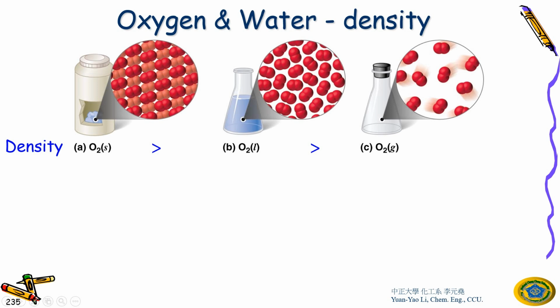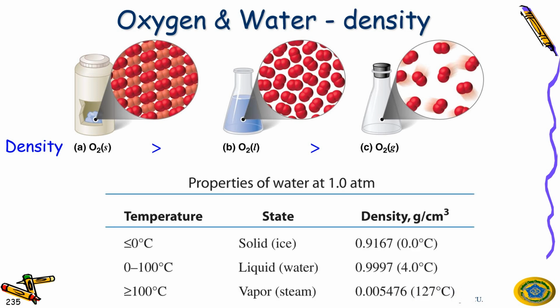If the molecules are far away from each other, the density will be low. That's for sure. And water should be the same: the density of the solid needs to be greater than the density of the liquid, and higher than the density of the steam.